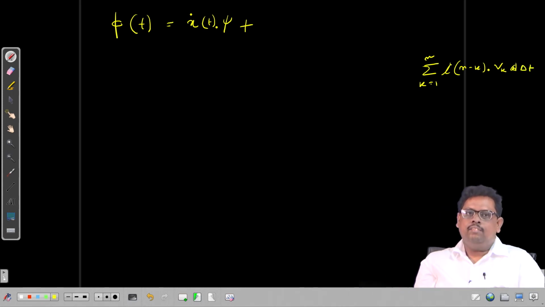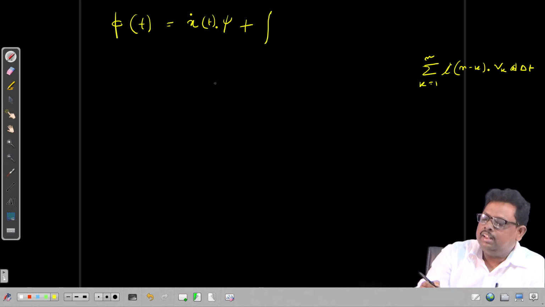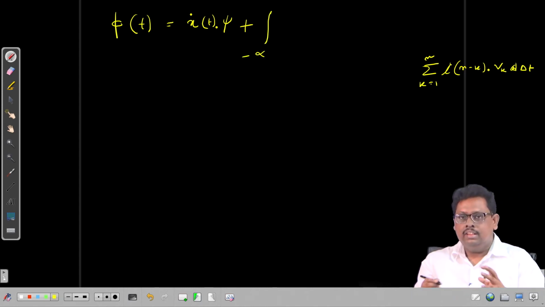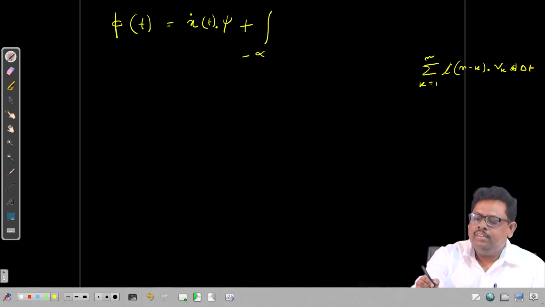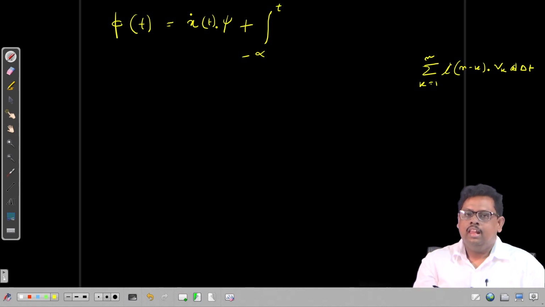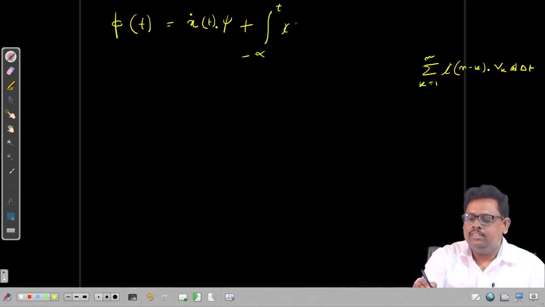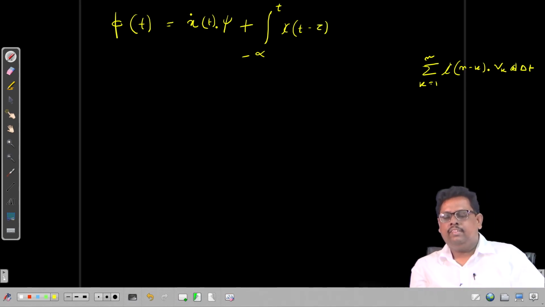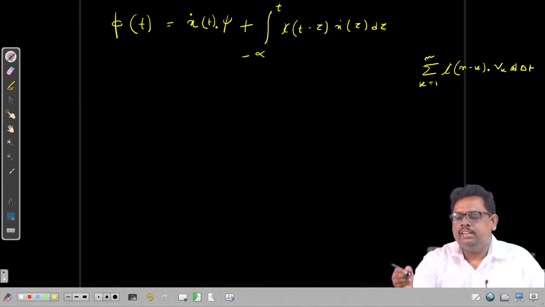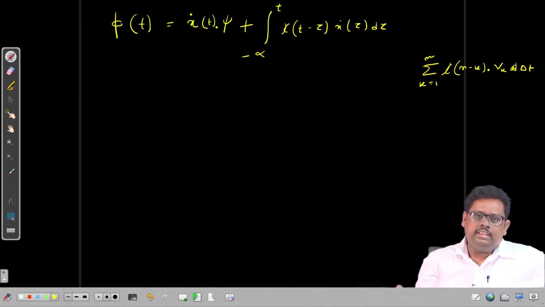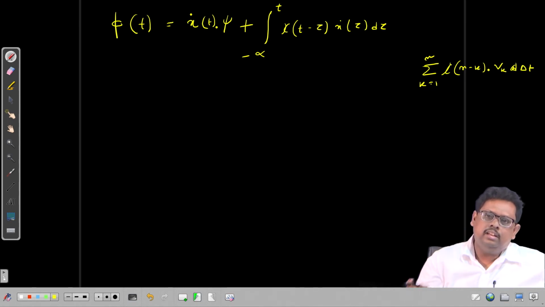Now I can write the integral form, from minus infinity to the present time t. I replace chi with chi t minus tau, tau standing for k, times x dot tau, integrated with respect to tau d tau. So this is how I can write the expression for the velocity potential phi.